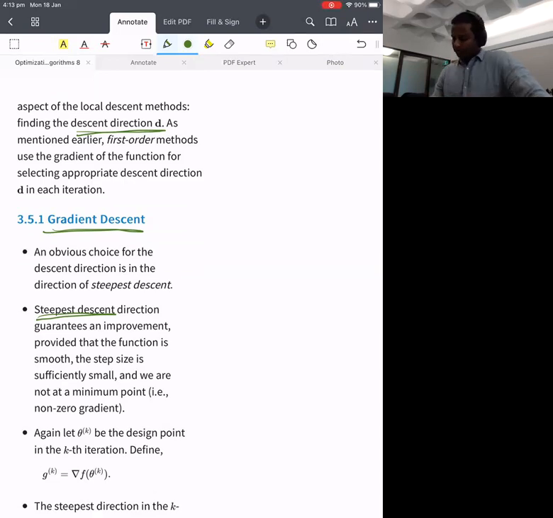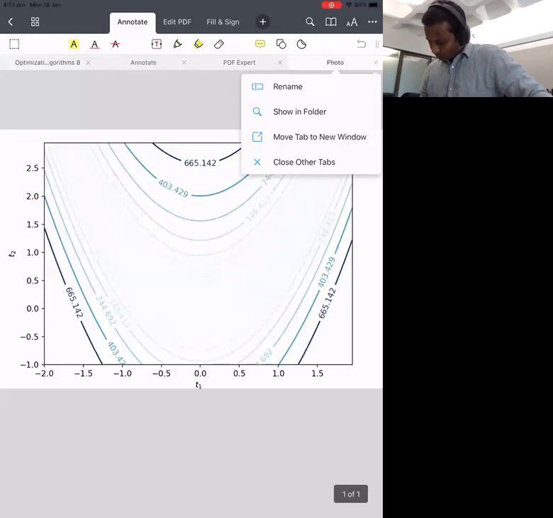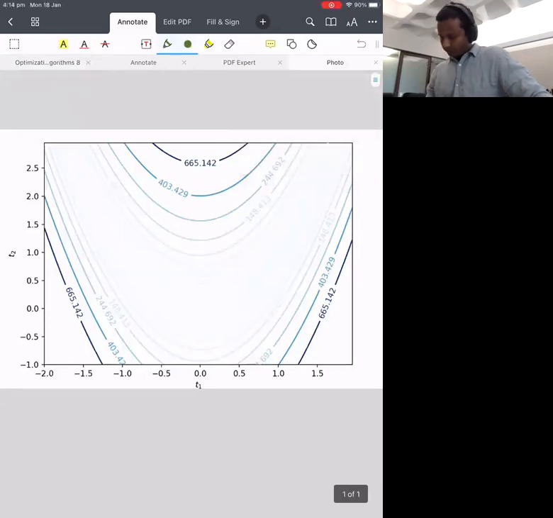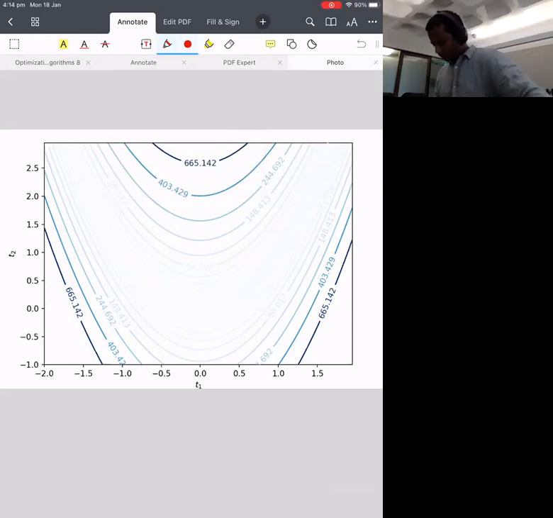Suppose you are at theta 1, which is not optimal. Let's look at this Rosenbrock function, which has a global optimum at 1 comma 1.